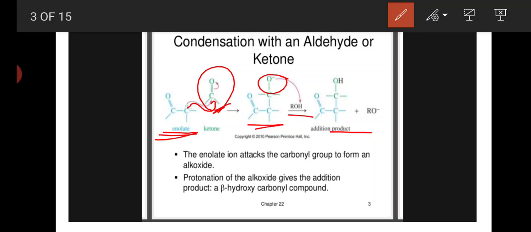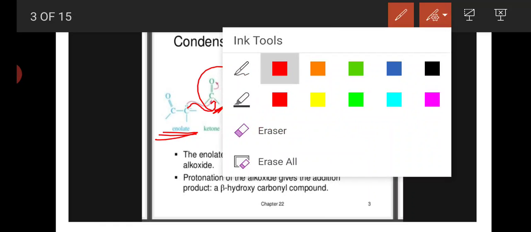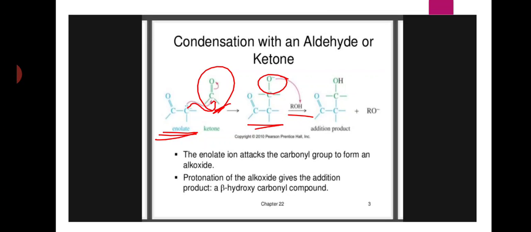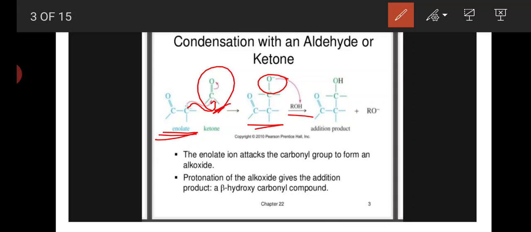Here in this alkoxide, the oxygen has a negative charge. Then this compound participates in protonation, meaning a proton attaches to the alkoxide ion and forms this addition product. Okay, this is the addition product, that is, the beta hydroxy carbonyl compound.